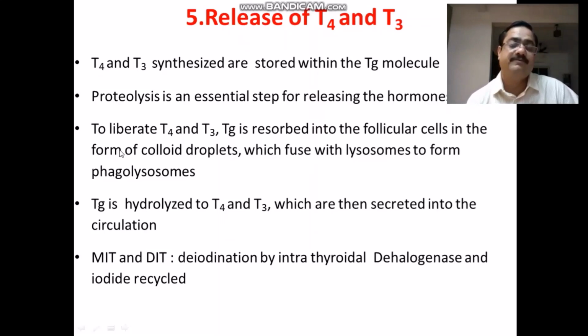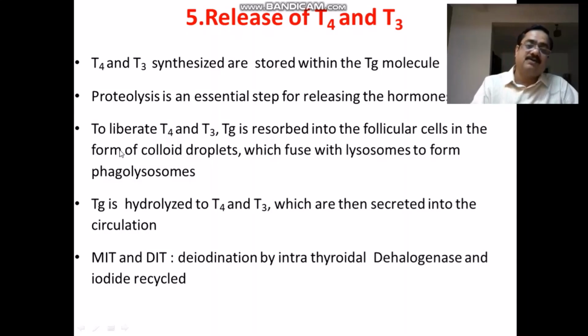Then the fifth and important step is release of T4 and T3. Both are synthesized and stored in the thyroglobulin. Proteolysis is the process which is very essential in releasing of these hormones. To liberate these hormones, thyroglobulin is reabsorbed into the follicular cell in the form of colloid droplets which fuse together with the lysosomes to form phagolysosomes.